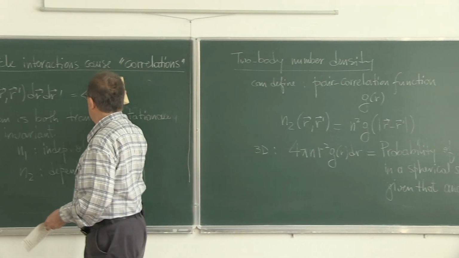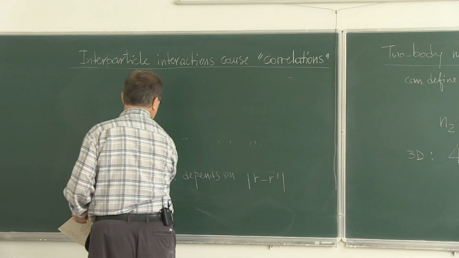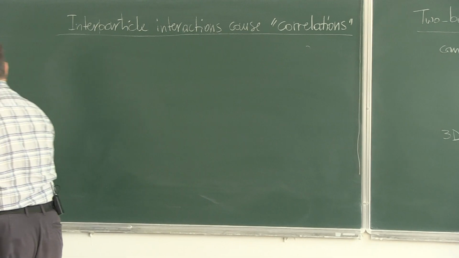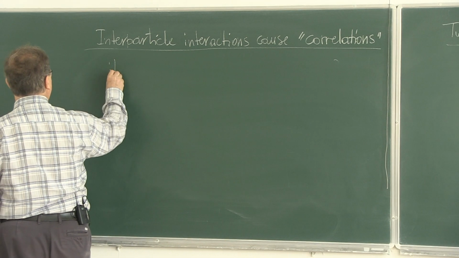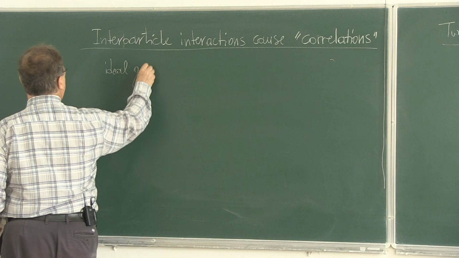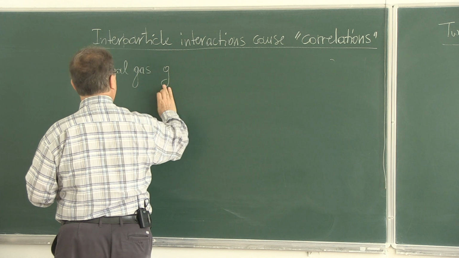For a classical ideal gas, it is 1. Okay? Ideal gas. G is 1.